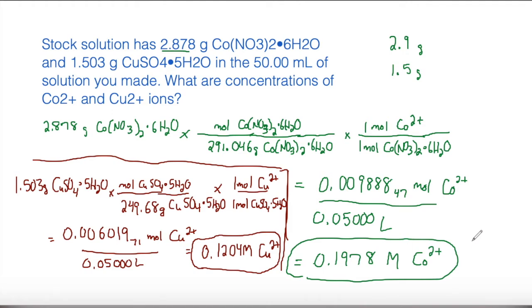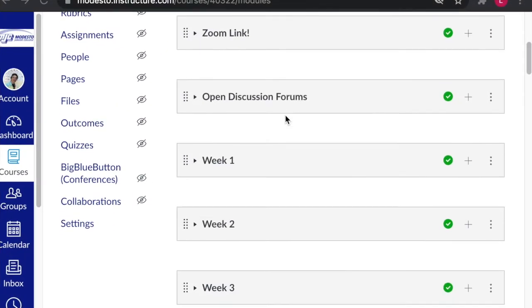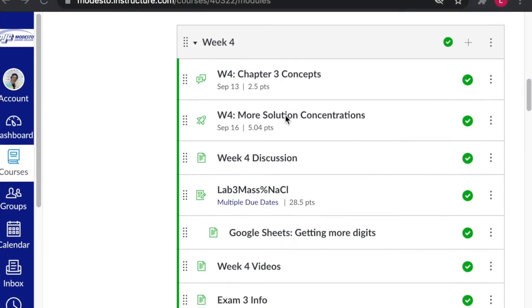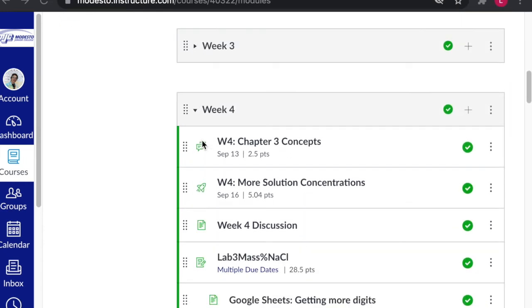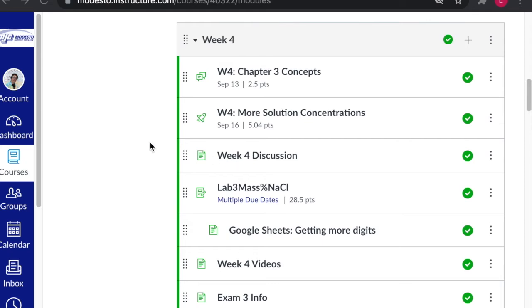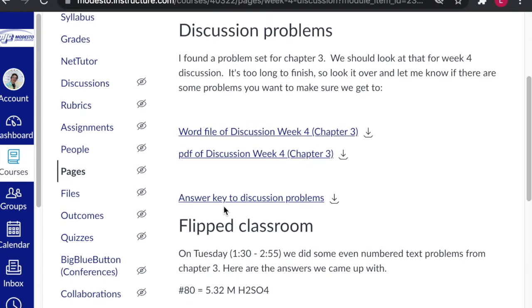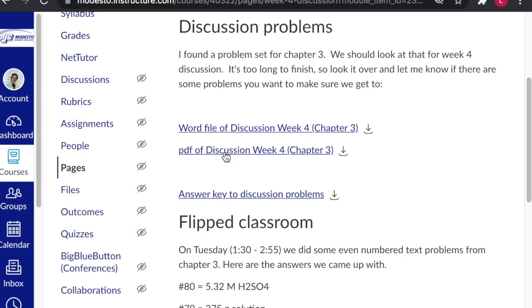Now we need to figure out the concentrations that we have in our diluted test tubes. So I wanted to point out, I think it was in week 4 discussion, there is a pretty long set of discussion problems.